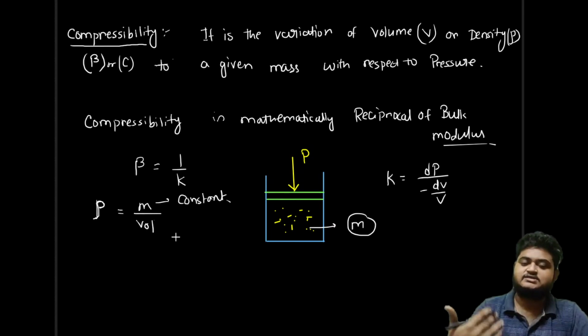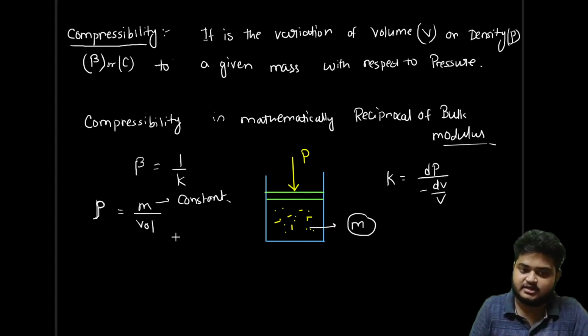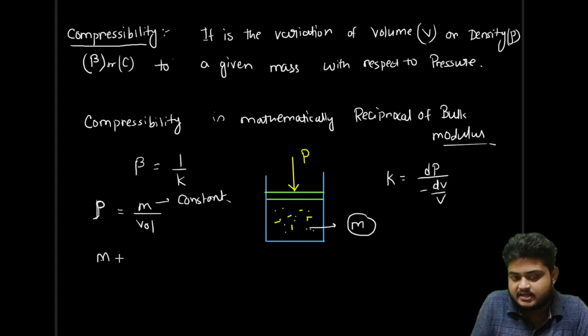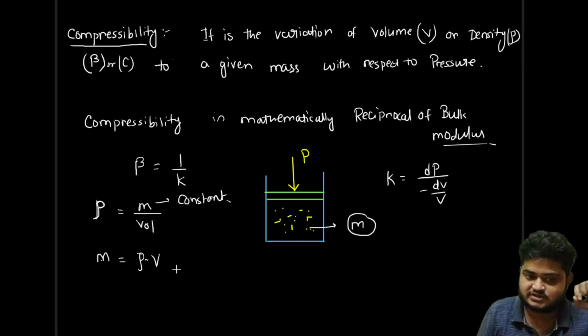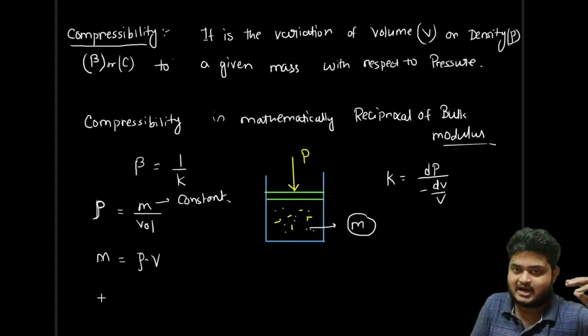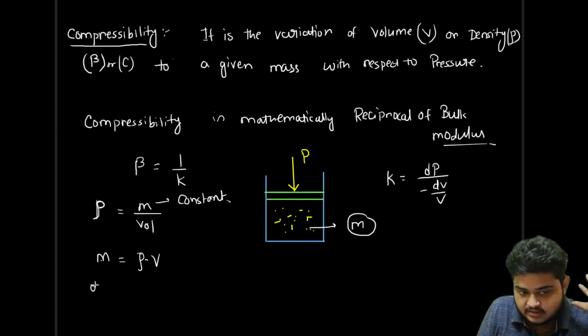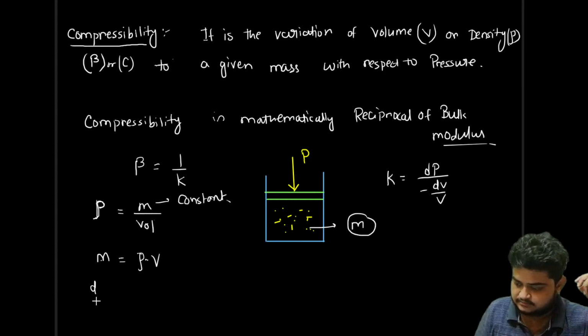So with the increase of pressure, the volume will be decreasing and the rho will be increasing. So in this case, we can write that m, which is mass, is constant, but rho and V are not. Rho is also changing and V is also changing. So we can differentiate with rho and V.